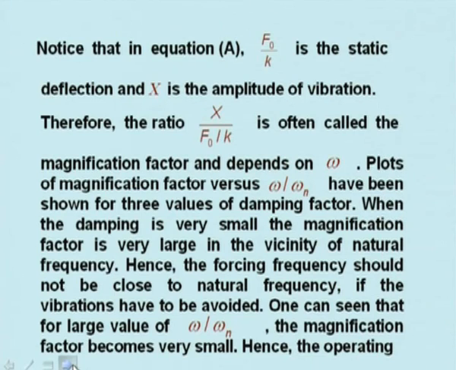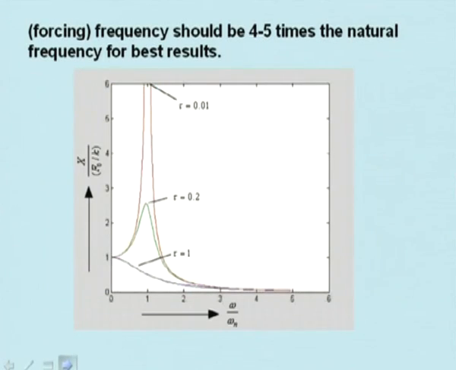Now plots of magnification factor versus omega by omega n have been drawn. We have shown them for 3 damping values, that is tau equal to 0.01, which is very low damping, tau equal to 0.2 and tau equal to 1.